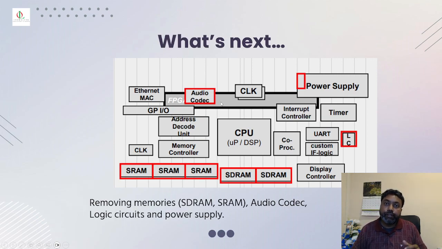The audio codec has the functionality to cover the mic and the speakers, so mostly the signals are analog, so it can be moved outside. And also you can move all the memory elements for storage when audio processing or image processing happens. That's where it's stored. And these occupy a large silicon area, so again it needs space on your board. So you can remove all of that, and the logic circuits you can move outside.